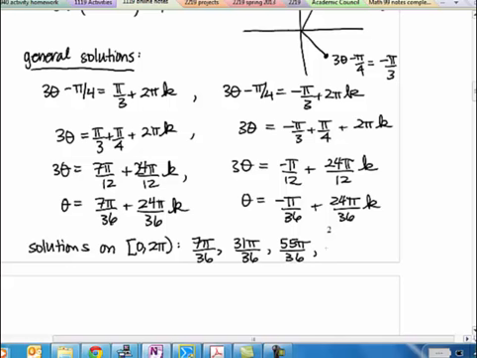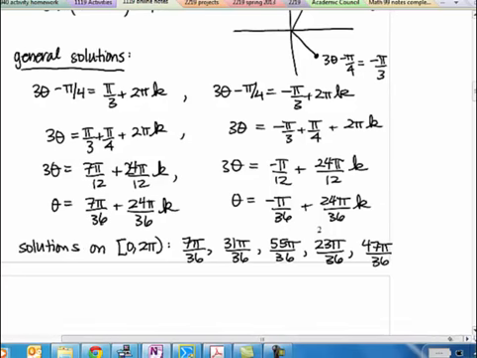So that's too big. Then I'll start with the other side here. Negative pi over 36, that's too low because that's less than 0. But if I add 24 pi over 36, I'll have 23 pi over 36, and that will work. If I add another 24 to that, I'll have 47 pi over 36.